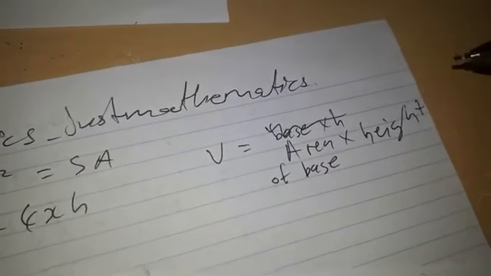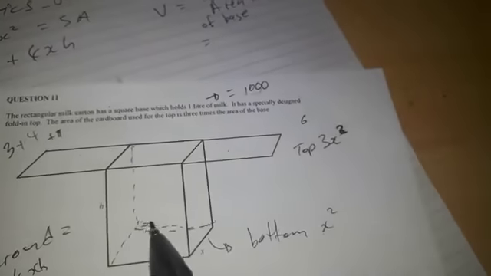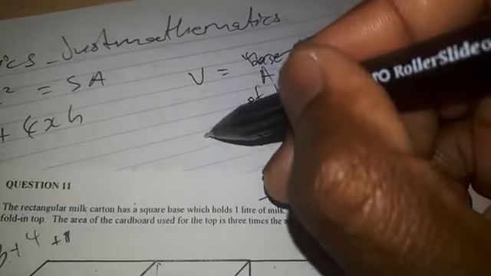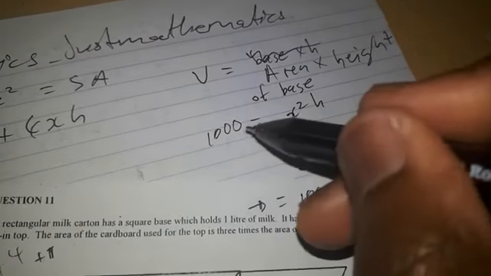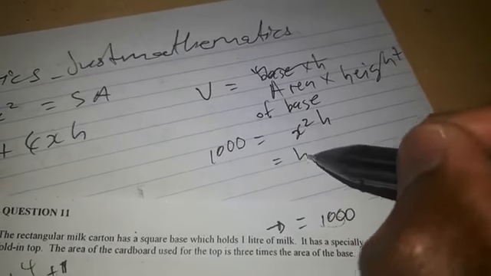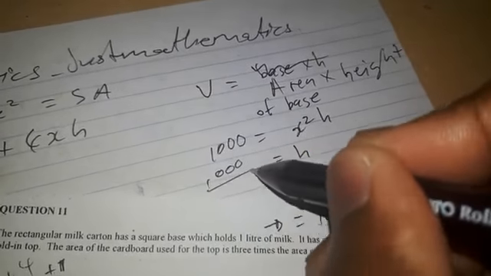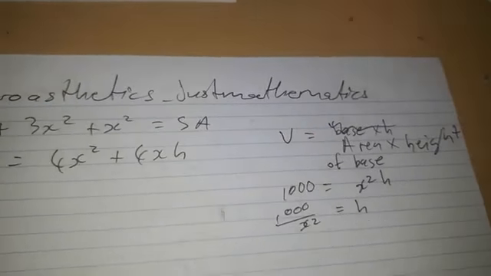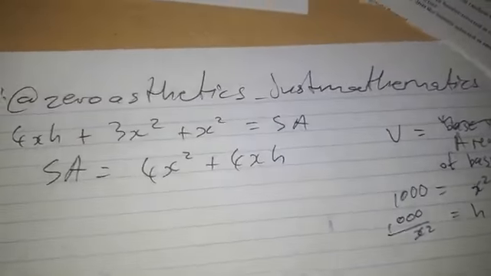So the area of the base is just x times x, and then the height is just h. So you see that's the volume, which is equal to 1,000. And if you isolate h here, you're getting that h is equal to 1,000 over x squared. Voila. Okay, so let's move on now.